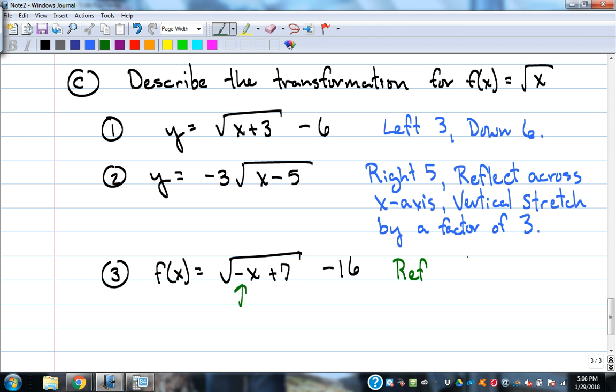That negative x there gives us a reflection across the y-axis. Left 7, down 16. Good job. Easy stuff, right? Much easier than moving the ordered pair. But still, things you've got to do.